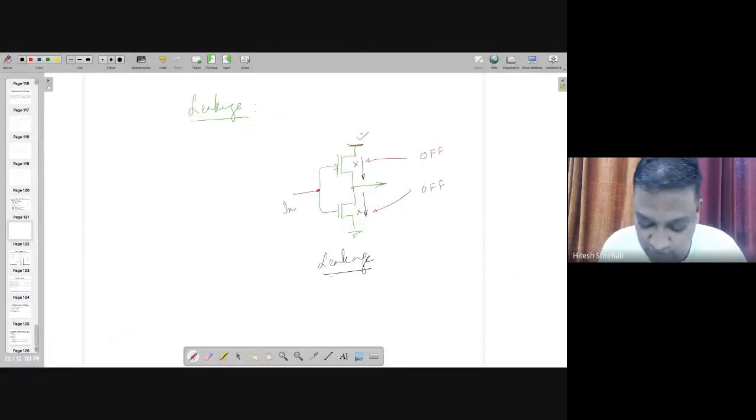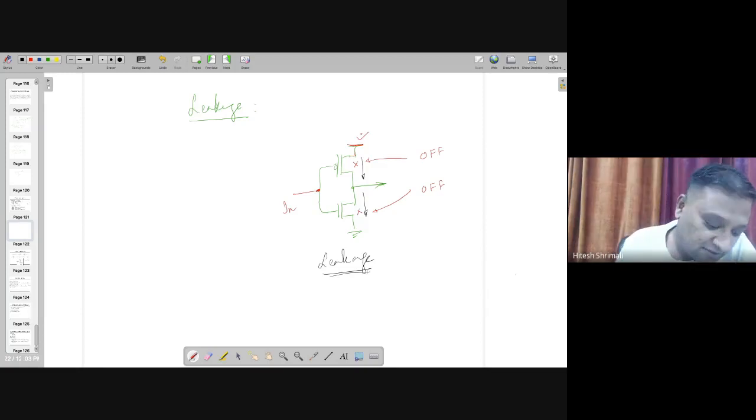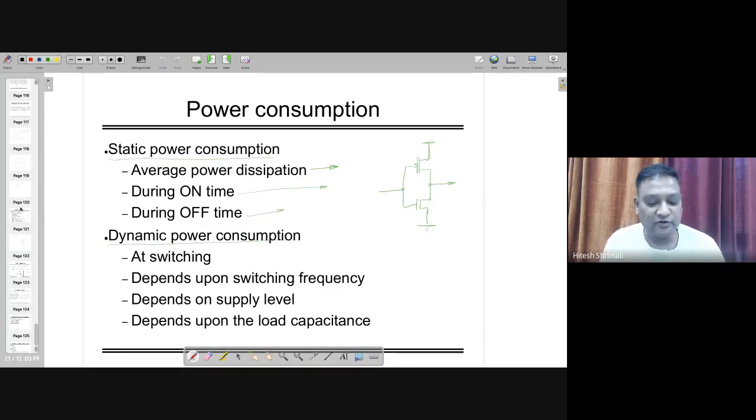Those are known as leakage current, and because of leakage, you might have some power consumption even though there is no current. So such things are known as the power consumption during off time, or as a leakage.